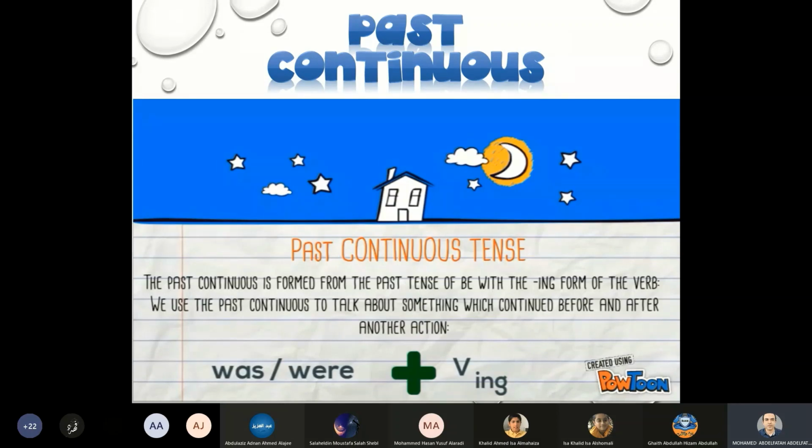And this is the difference between the past simple and the past continuous. The past simple, I watched TV yesterday: verb plus D or ED, and don't forget that we had the irregular verbs. But the past continuous is used to describe an action that was happening or occurring in the past. We use was or were plus verb plus ing to express the past continuous tense.